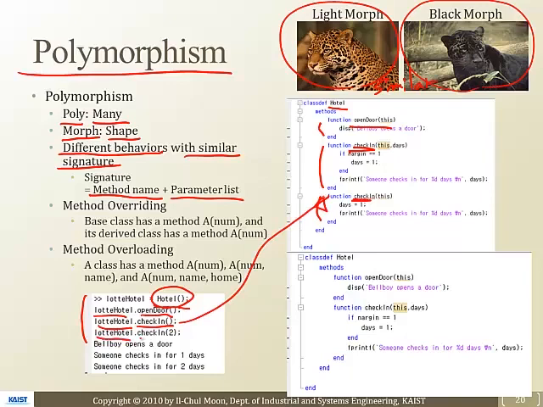And Lotte Hotel dot check-in with one parameter corresponds to this case. It means that we actually have two functions taking two different sets of parameters. One doesn't have any parameters, and the other has one variable as a parameter.